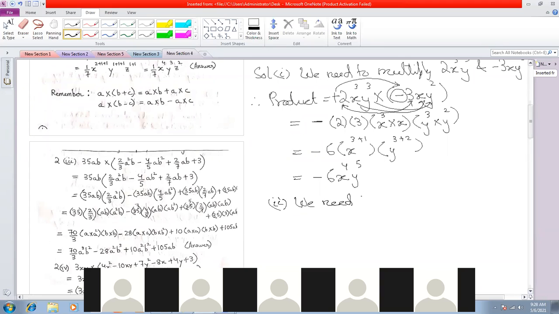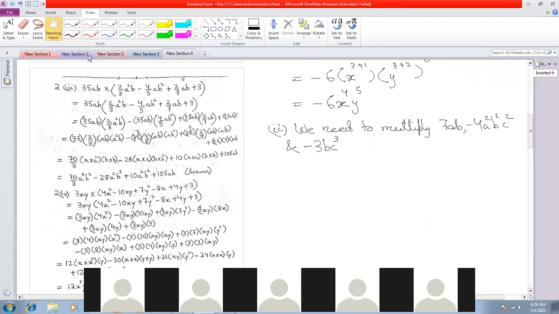Second one, we need to multiply. Now you have three terms to multiply, so we need to multiply 7ab, minus 4a square b square c square and minus 3bc cube.